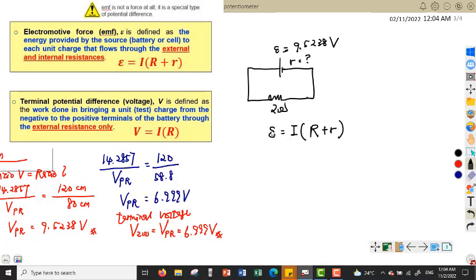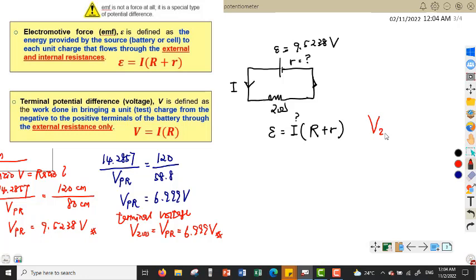So we know that the EMF is I times (R plus r). The EMF is the voltage across the external and internal resistance. Anyhow, we have to determine the current first. What is the current that flows in the circuit when we close the switch? We can use the terminal voltage that we determined just now from the potential divider.